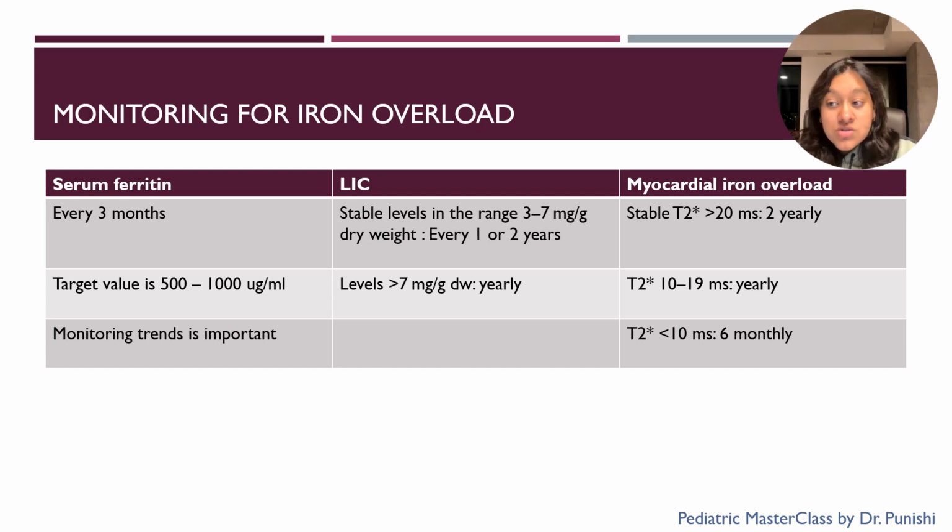In those conditions, you might have to do your T2 star of the heart every 6 months to see whether there's an increase in the iron overload, whether your iron chelation is working, or if there are any extra steps that you might have to take to prevent reaching a condition where you might have to give urgent iron chelation in a setting where you have end organ damage.